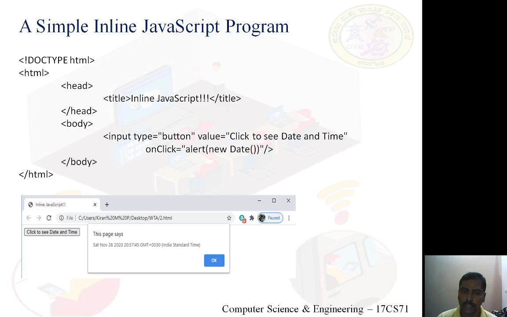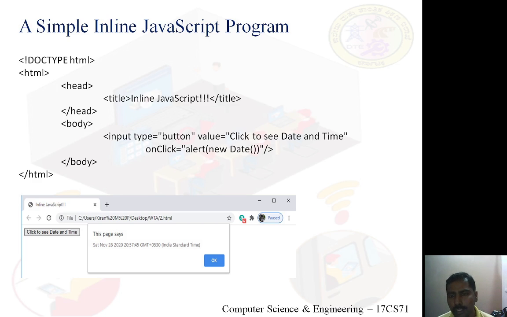Now, as you can see in the bottom part of the slide, this is the web page displayed when I execute this inline JavaScript program. At first, I will see only the web page with the button click to see date and time. When I click on this button, JavaScript is triggered, and the function that is going to execute is alert.